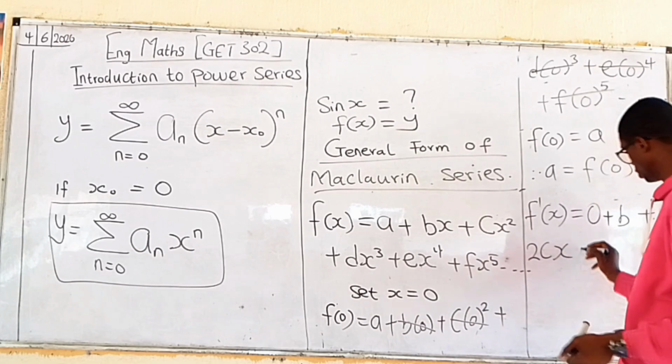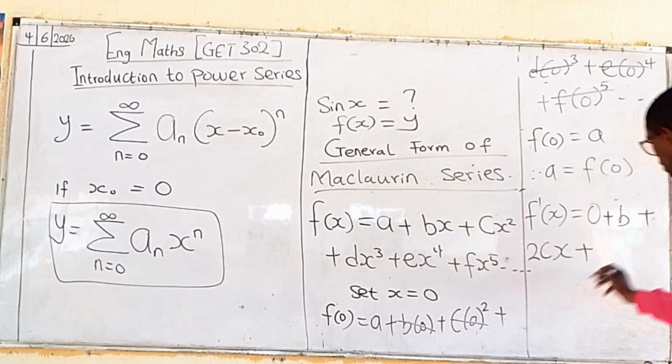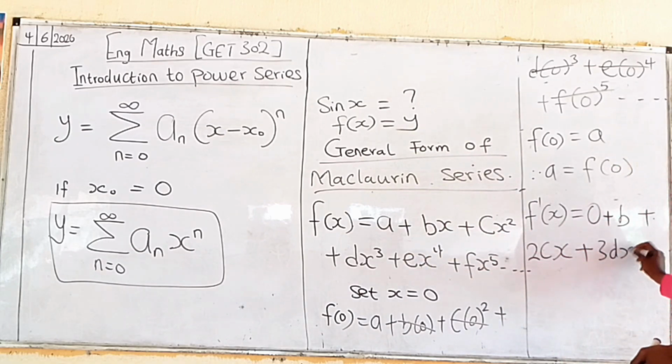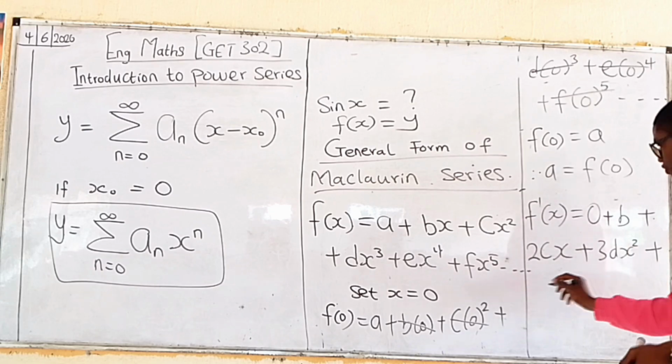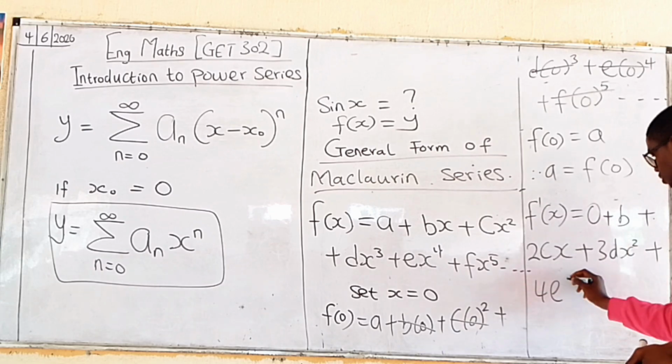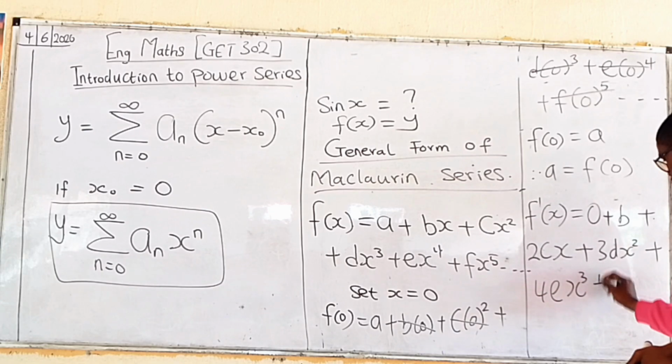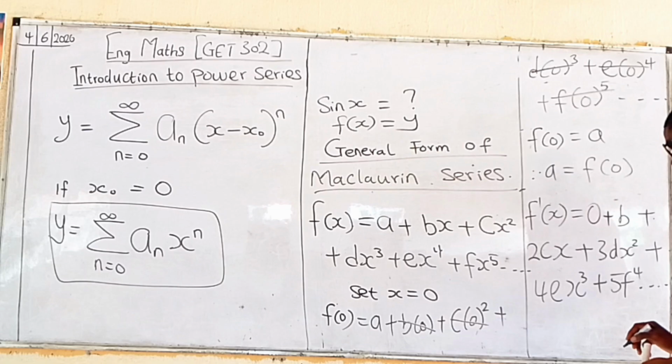Plus, if you differentiate that, you have 3dx squared, plus 4ex cubed, plus 5f x to the power of 4, and it keeps on going. I think I omitted x here.